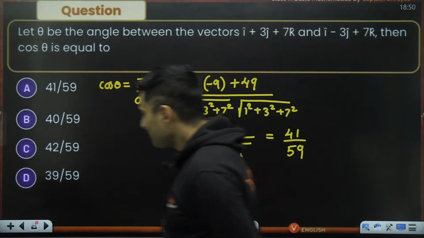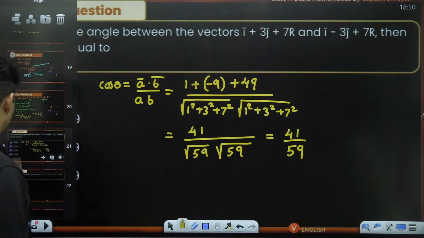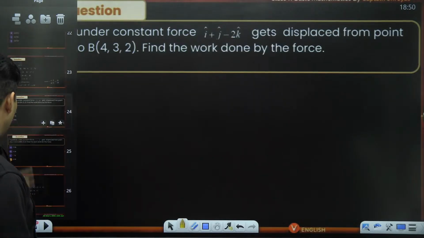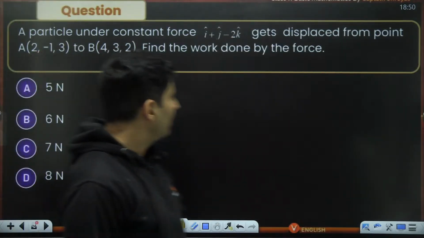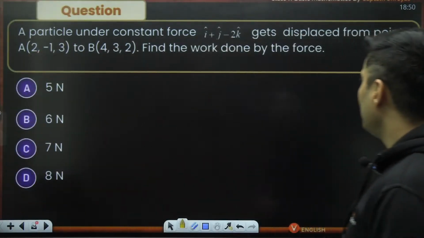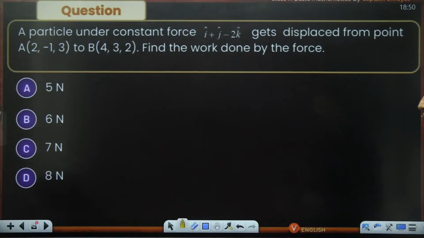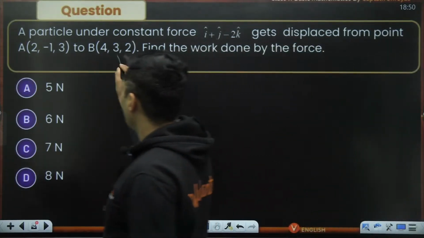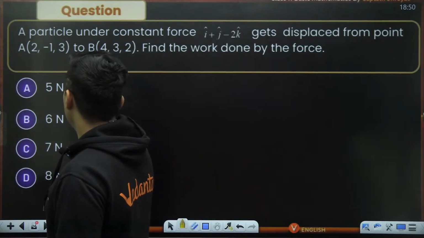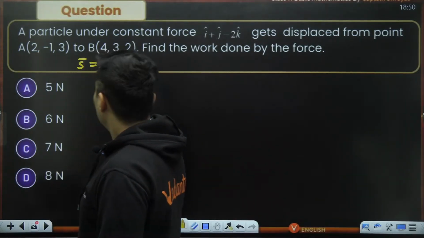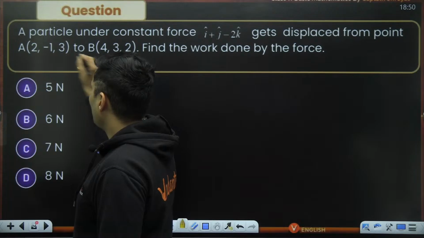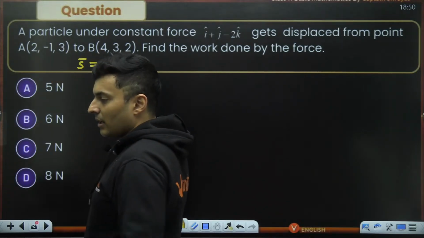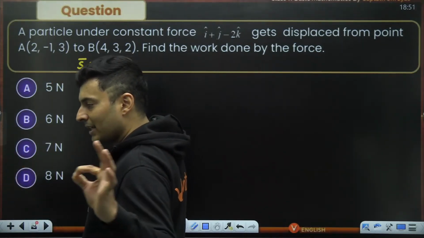Correct. So moving on to the next question, my dear warriors. A particle under the constant force i plus j minus 2k gets displaced from one point to the other. Find the work done by it. If you go from this point to this point, the displacement, remember, is always final coordinate minus initial coordinate with the respective i cap, j cap and k cap.